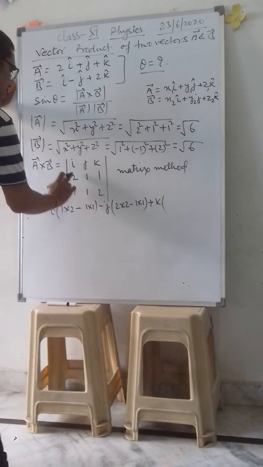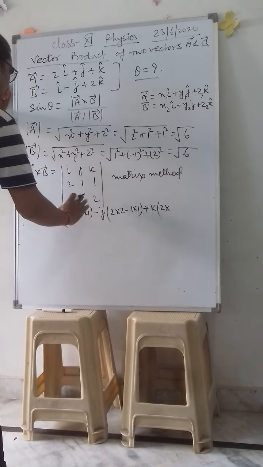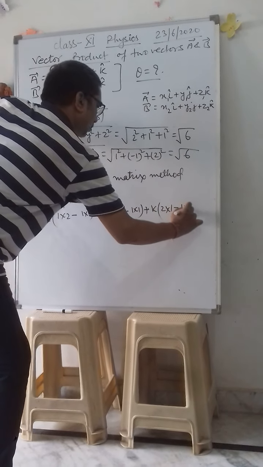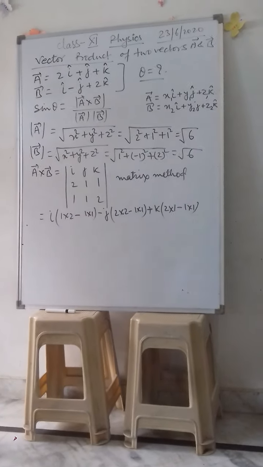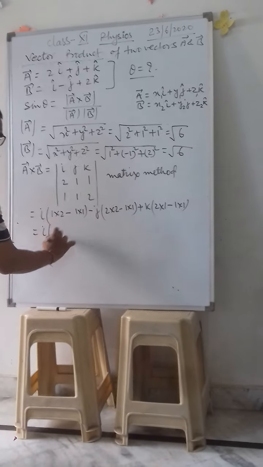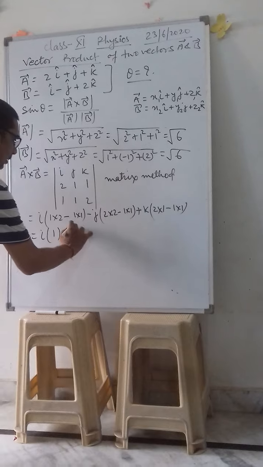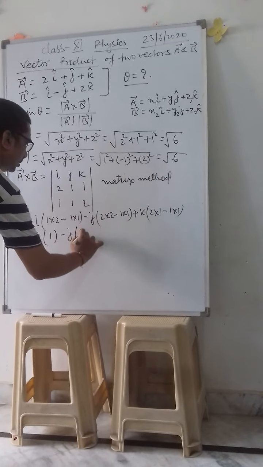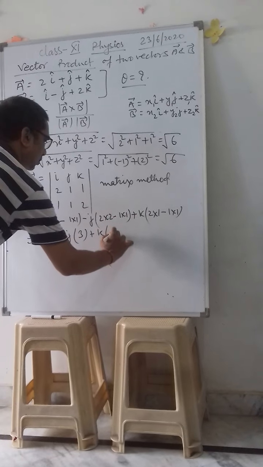This is silent and 2 into 1 minus 1 into 1. This is the very simple method to find out the A cross B. That is I 2 minus 1, minus j 4 minus 1 is 3, plus k 2 minus 1 is 1.